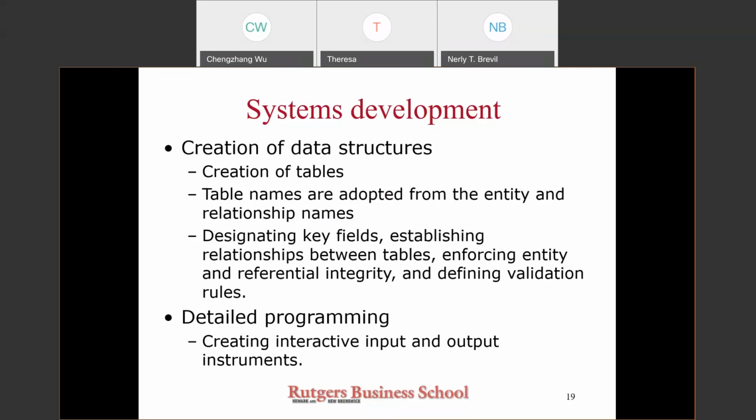The detailed programming step involves the significantly more complex task of creating interactive forms with buttons that execute a series of tasks when clicked. In Microsoft Access, interactive forms can be designed with buttons that invoke either Access macros or modules written in the VB, Visual Basic, programming language.